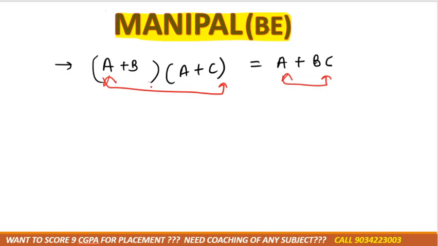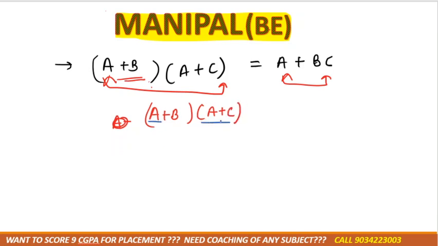Either you can take the left hand side and prove it to the right hand side, or you can take the right hand side and prove it to the left hand side. Okay, so it would be (A + B)(A + C). I'll take the left hand side because that would be easy to solve, right?